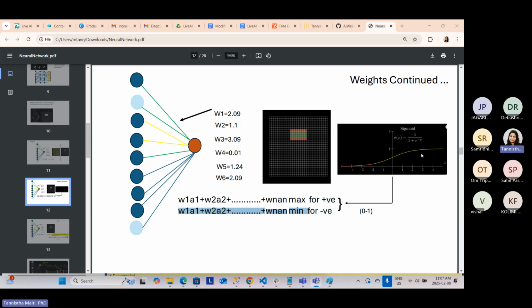So what you do is multiply with a function such that your values are scaled between 0 and 1. For this, you have a lot of functions. One is called sigmoid, then there is tanh, then there is ReLU. Sigmoid and ReLU are the ones that you mostly use in this kind of calculation. Okay.